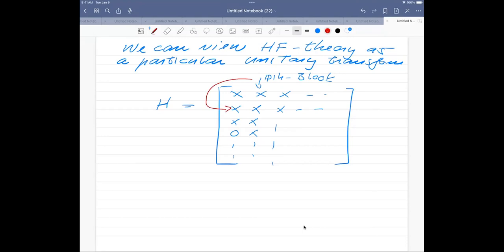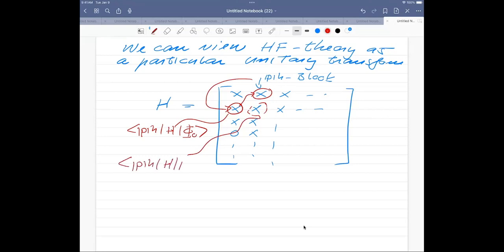And it would include these matrix elements, and also these ones. So these ones would be the overlap between a one particle, one hole state, the Hamiltonian, and phi 0. And this is just the Hermitian conjugate of that. And this matrix element here would then be the transition matrix elements between different one particle, one hole states. And then we have all the rest here. All the other states will also be transformed.